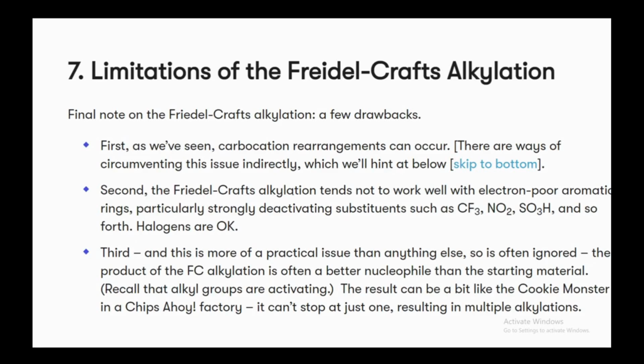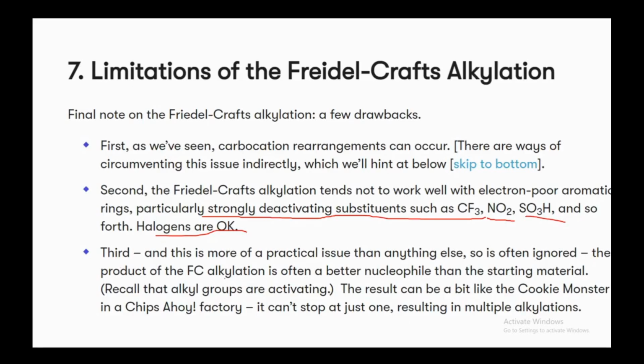Second, Friedel-Crafts alkylation tends not to work well with electron-poor aromatic rings, particularly strongly deactivating substituents such as CF3, nitro, sulfonic, and so forth. Halogens are okay. Third limitation is more of a practical issue than anything else, so it is often ignored.